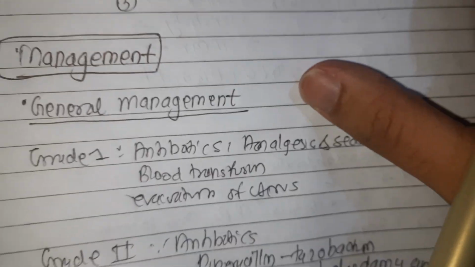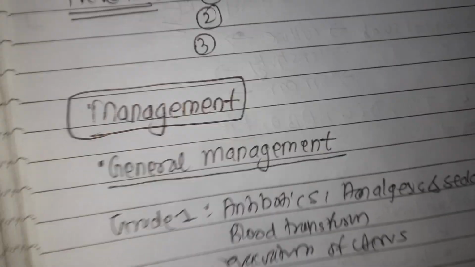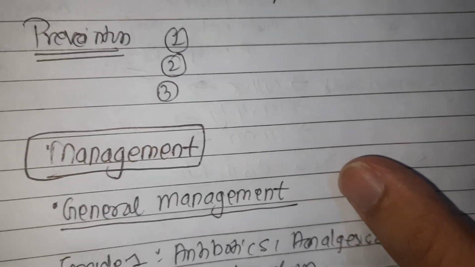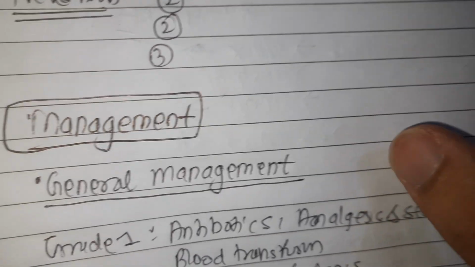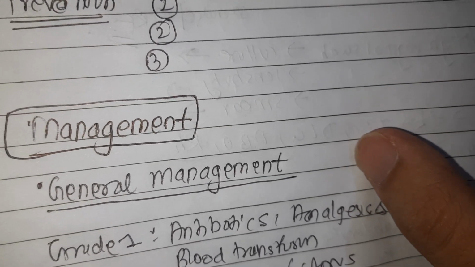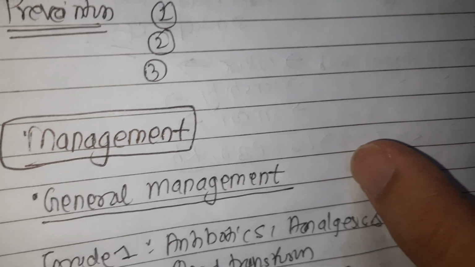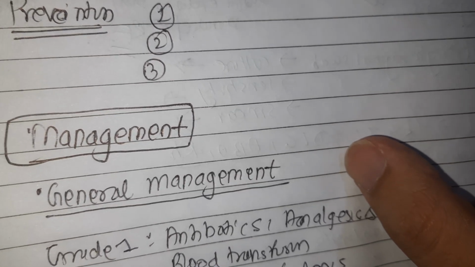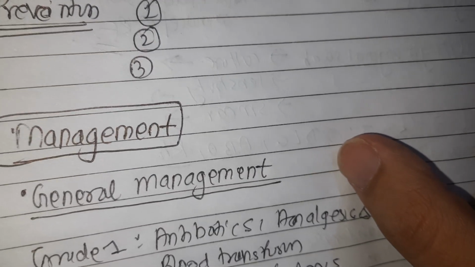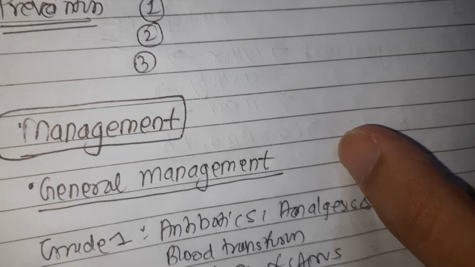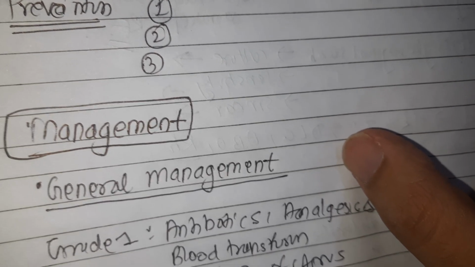Talking about the management part, firstly, the general management includes hospitalization, which is essential for all cases of septic abortion. The patient is kept in isolation, and a high vaginal or cervical swab is taken for culture, drug sensitivity test, and gram stain. Vaginal examination is done to note the state of the abortion process and extension of the infection.